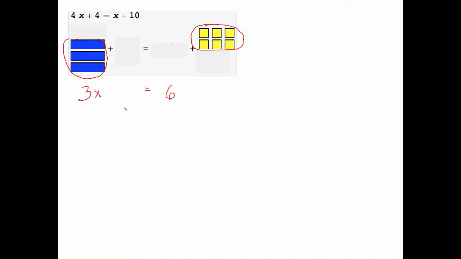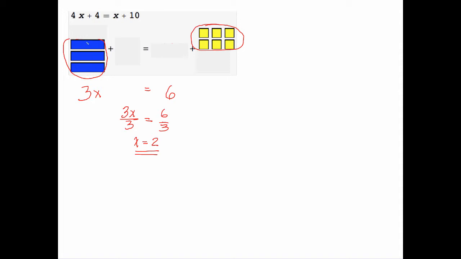So if I divide both sides by 3, I will get x equals 6 over 3, which is 2. And we can check this by doing the following.